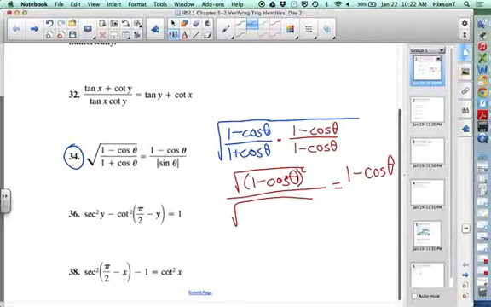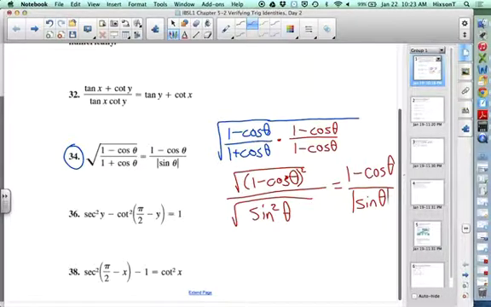So actually, notice we have our numerator all set. So now we have 1 plus cosine times 1 minus cosine. What does that equal? 1 minus cosine squared. And what's 1 minus cosine squared? Sine squared. Okay? So what's the square root of sine squared? Sine.